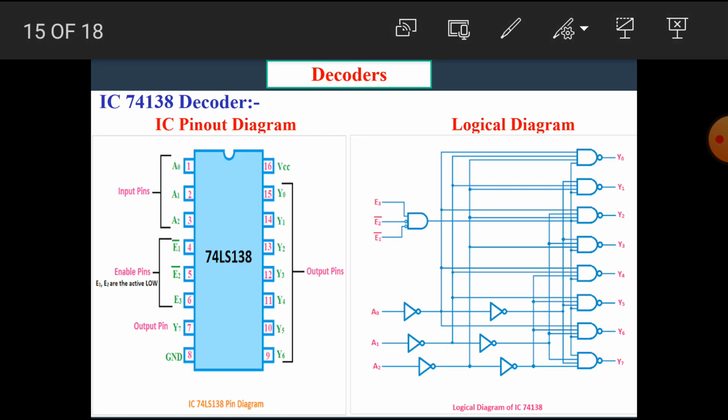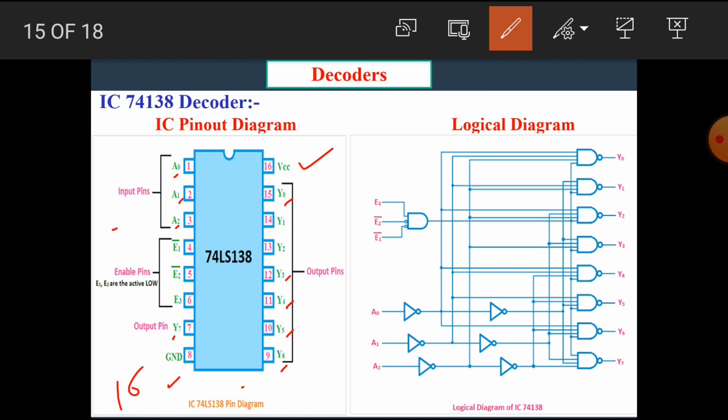This is the pin diagram of the IC 74138, in which we can see here that it is a 16 pin IC and there are 3 inputs. Here A0, A1, A2 are the 3 inputs and the 8 outputs are Y0, Y1, Y2, Y3, Y4, Y5, Y6 and Y7. 16 is VCC and 8 is ground.